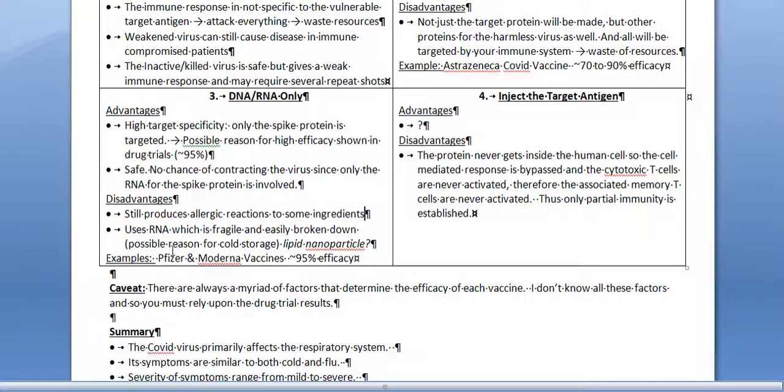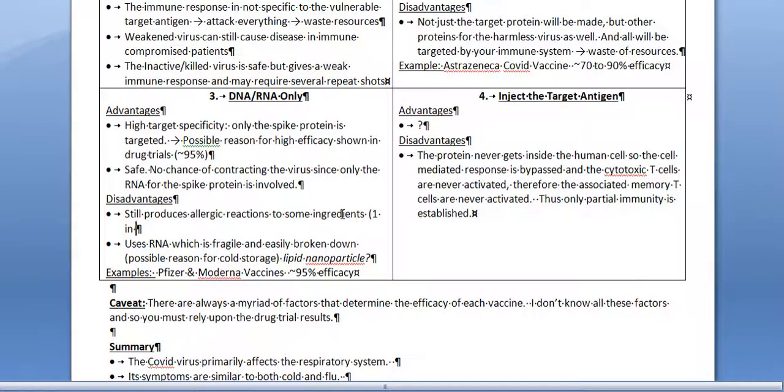I'll put that number down: 1 in 100,000.